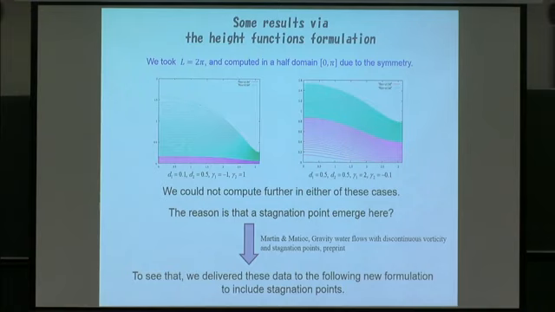But we couldn't compute further in either of these cases. The reason is that a stagnation point emerged here. So to see that, we delivered these data to the following new formulation to include stagnation points. This method is based on this paper.